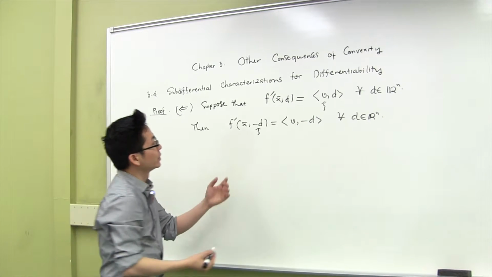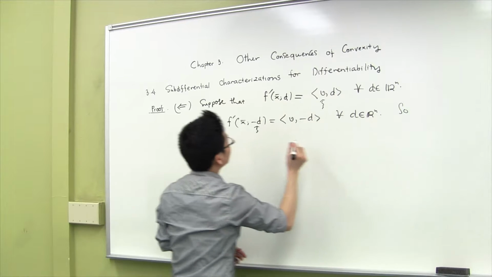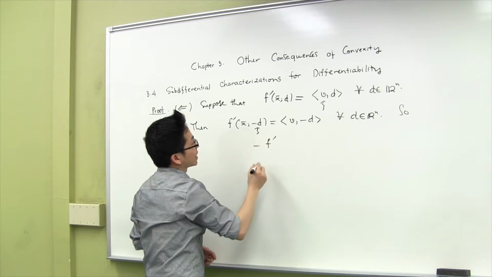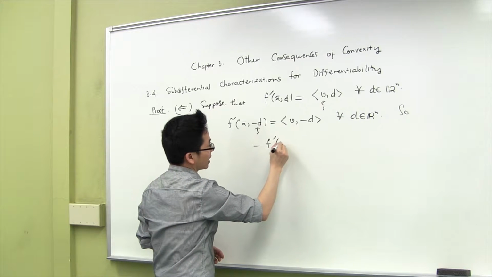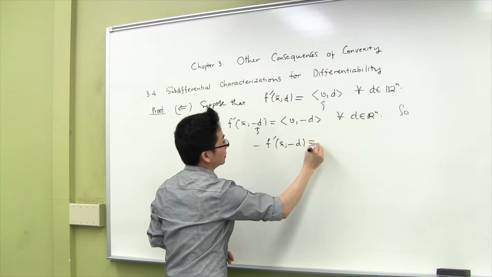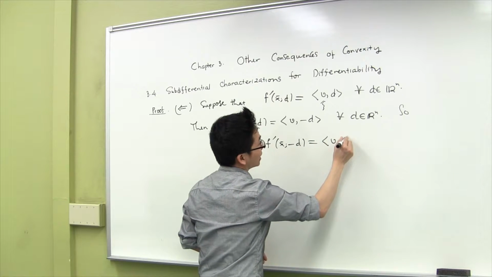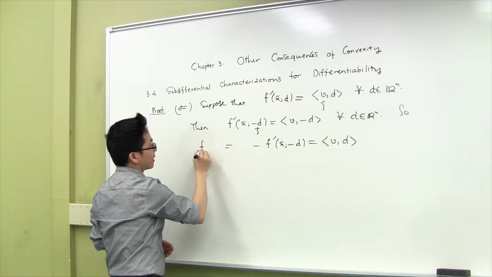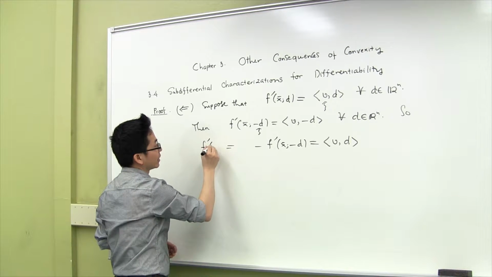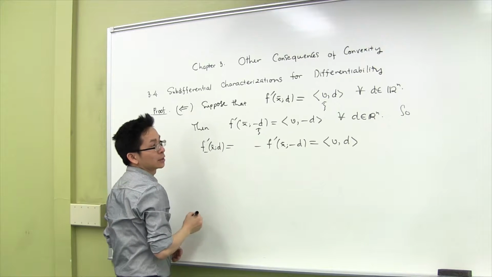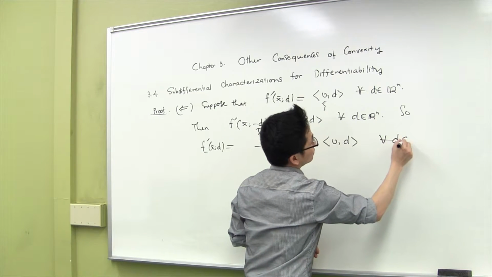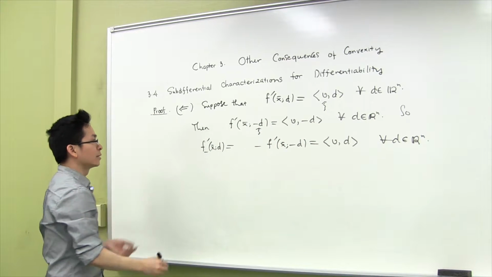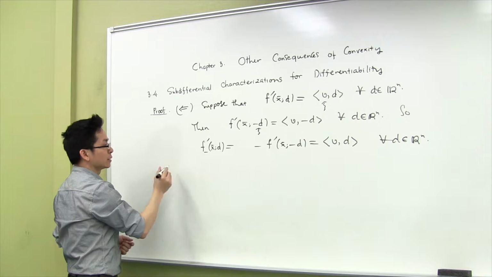From here we get that minus the directional derivative of f at x bar in the direction minus d is equal to the inner product of v and d. And this is actually the left directional derivative of f at x bar in the direction d. Okay, so from here we have the following equality.